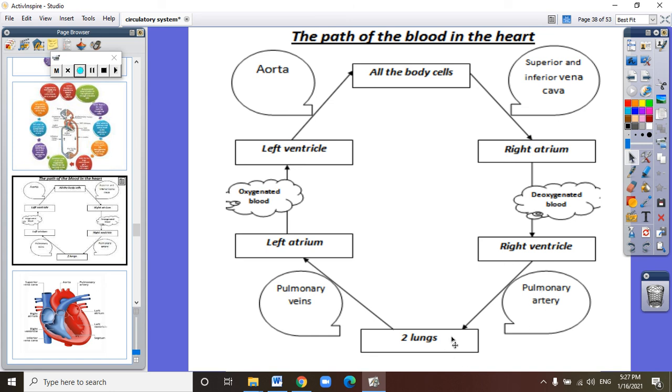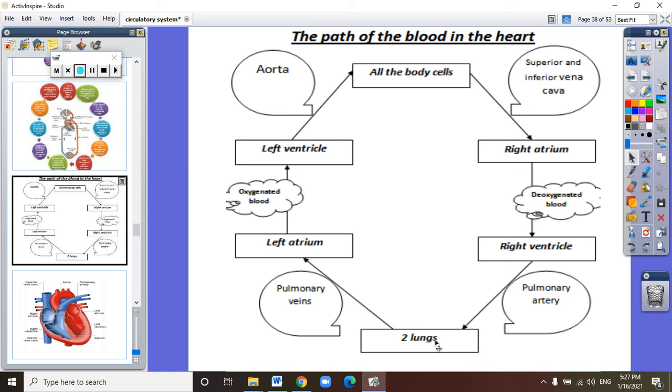So one more time, the superior and inferior vena cava collect the deoxygenated blood from all the body cells to the right atrium, from the right atrium to the right ventricle. The right ventricle pumps the deoxygenated blood through the pulmonary artery that is connected with the two lungs.